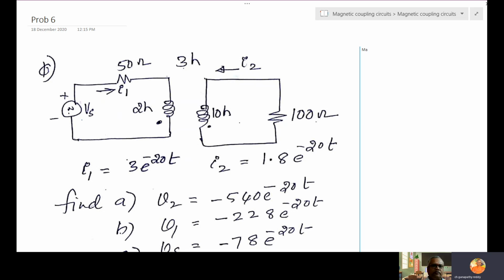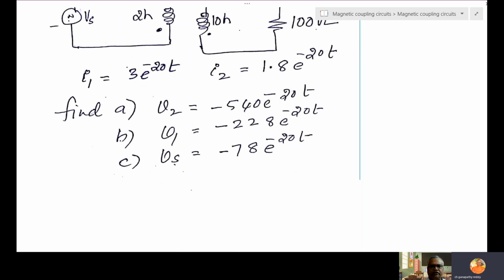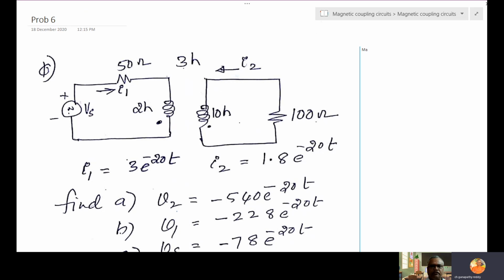There is another problem. Vs is given with 50 ohms, 2 Henry. Dots are also mentioned: 2 Henry, 10 Henry, 3 Henry. I2 is given, I1 is given, 100 ohms given. Find V2, V1, Vs. This is simple; we know the formula now.